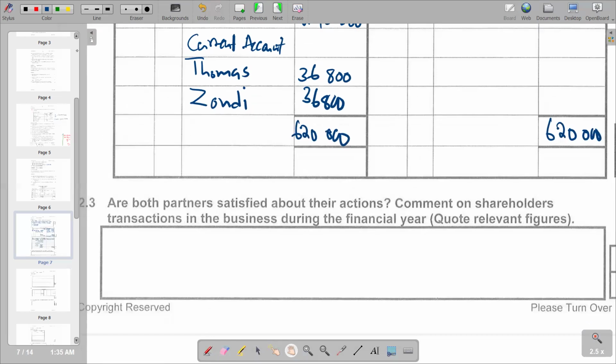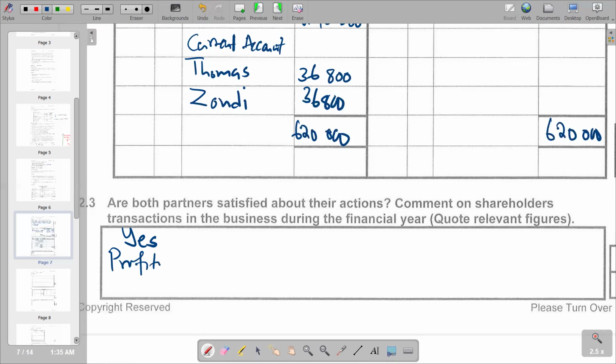So in this case, we can say yes is your response. Yes, they're going to be satisfied. Then why are we saying so? It's because the profits are being shared equally between partners. So that can be the reason.